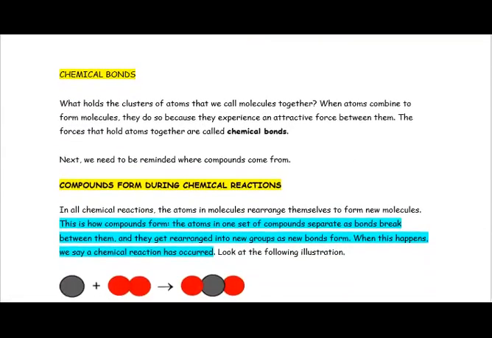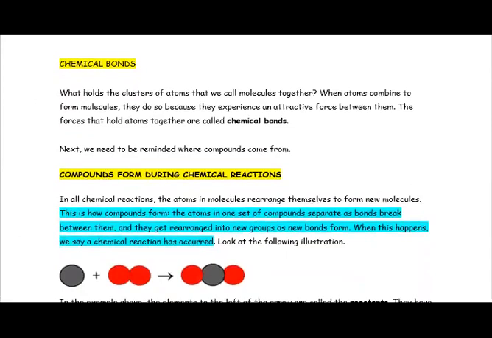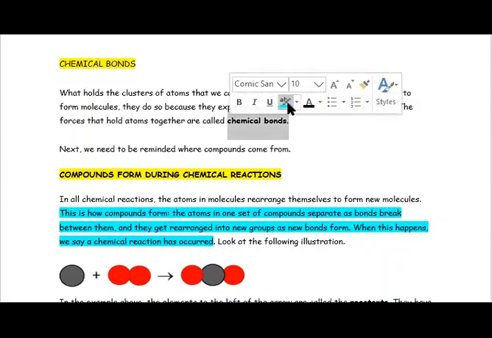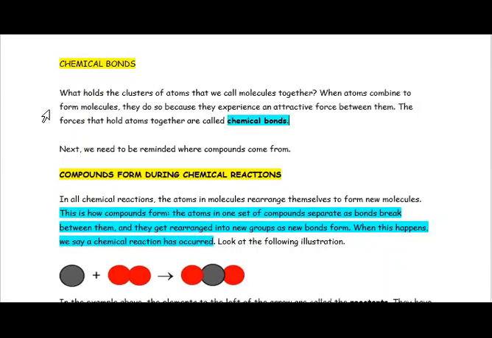Okay, moving on. We come to the next thing, which is chemical bonds. All right, so what holds together water molecules? What holds hydrogen and oxygen and keeps them from splitting apart? We call those chemical bonds. All right, so let's read. What holds the clusters of atoms that we call molecules together?